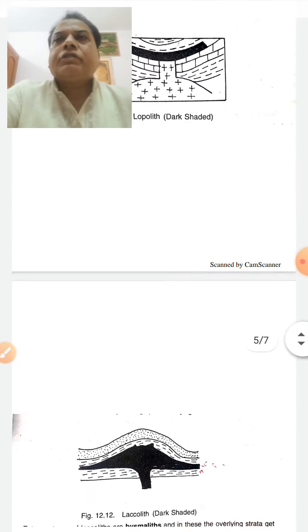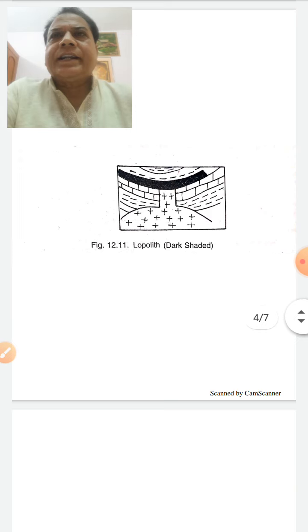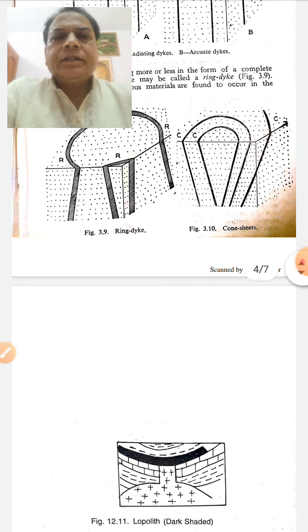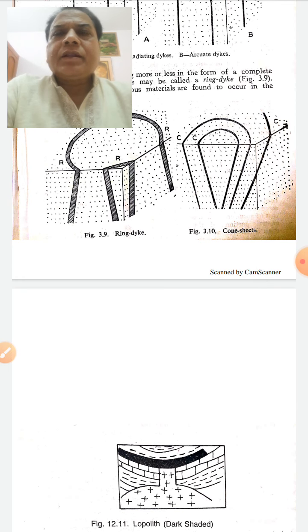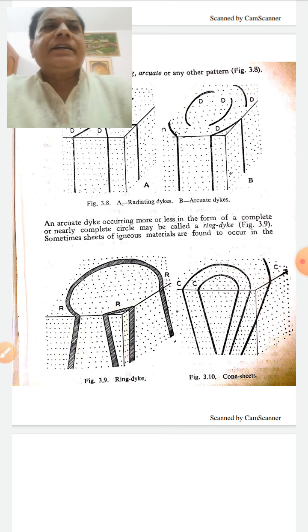So these are the various forms. First we discussed the forms for your extrusive rocks, that are the lava flows. If it is a viscous lava flow, it gets heaped up. If it is basaltic, it gets elongated in the direction of flow. Then the intrusive rocks we just discussed are of two types, concordant and discordant.